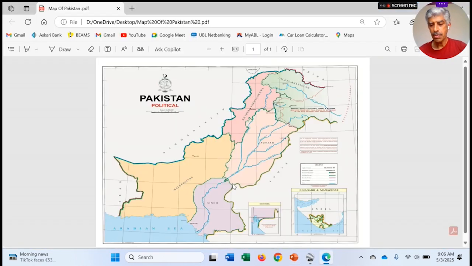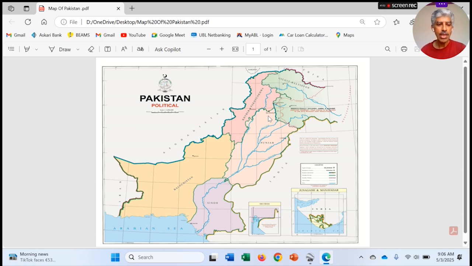So here is the map of Pakistan, and it is showing that in the south of Pakistan we see the Arabian Sea. The Arabian Sea is a great blessing for Pakistan, such a sea and ocean available to us, a source to carry out international trade.